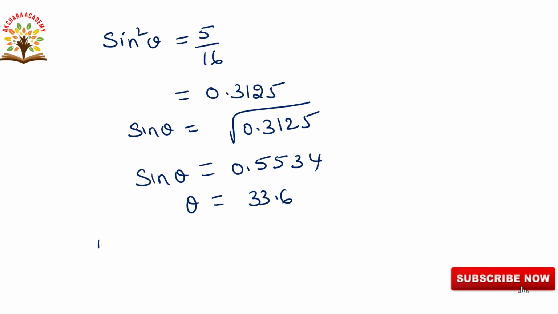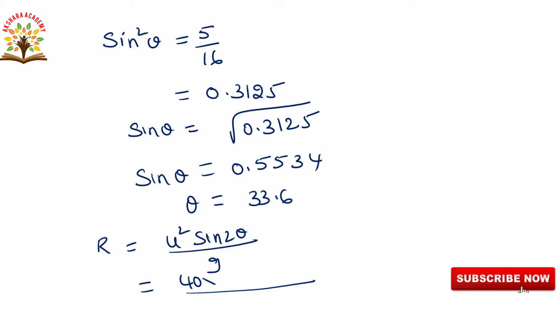So R is equals to u square sine 2 theta by g. Again substituting values in this formula, u as 40, u square is nothing but 40 into 40, into sine 2 theta, that is 33.6, by g value 10.